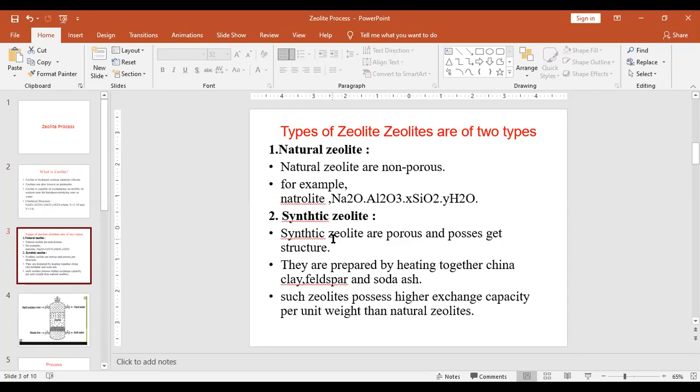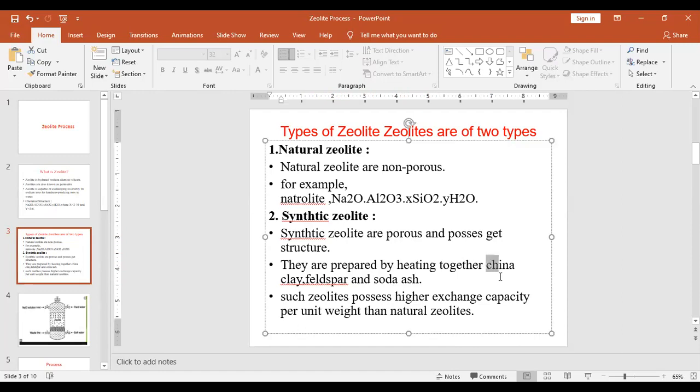And synthetic zeolites are also available in the market, and synthetic zeolites are porous and possess a gel structure. They are prepared by heating together china clay, feldspar, and soda ash. These three components can be heated together to form the synthetic zeolite. Such zeolite possesses higher exchange capacity per unit weight than the natural zeolite.